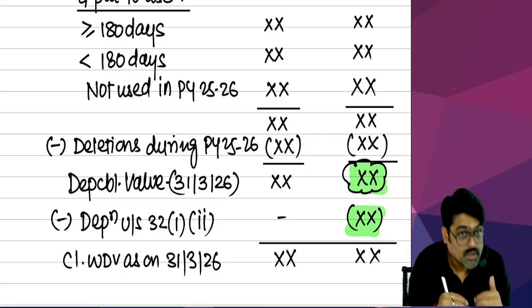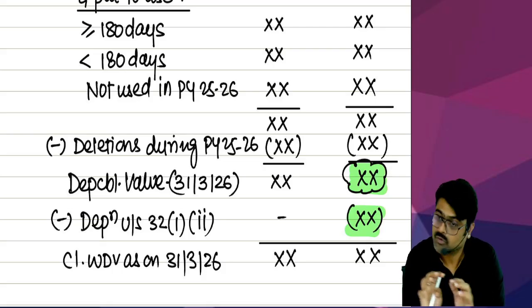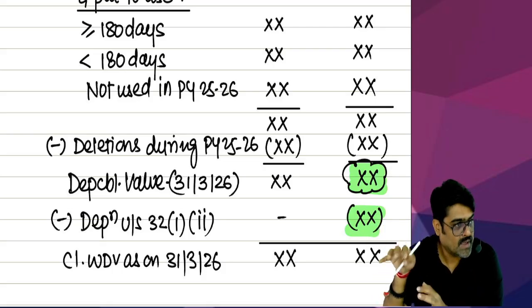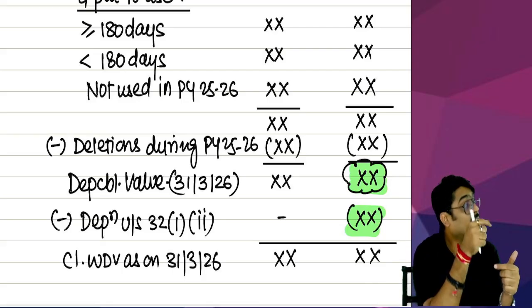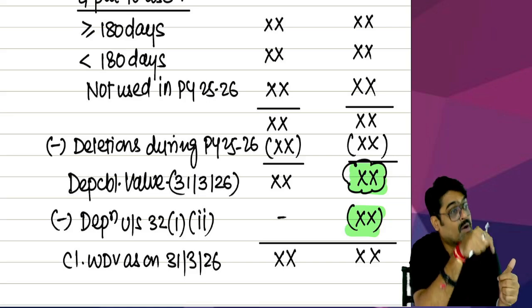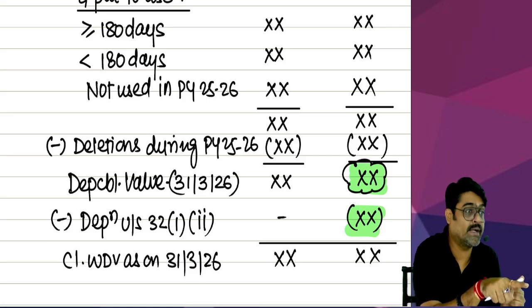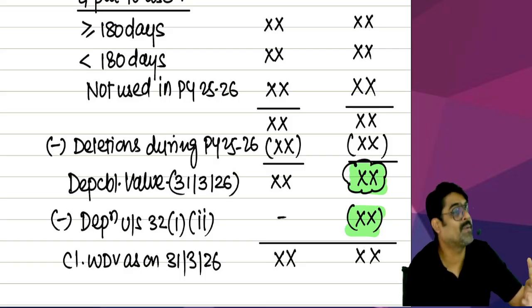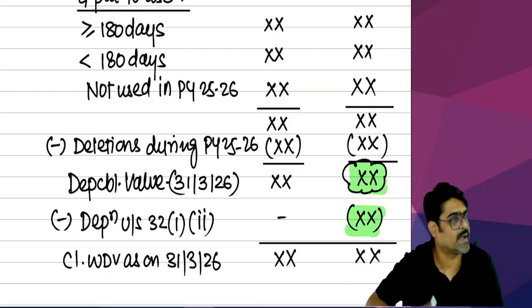Also separate the actual cost of those assets which are acquired in this year but put to use for less than 180 days. On that, you will calculate depreciation at half rate, and on the balance value you calculate at full rate.